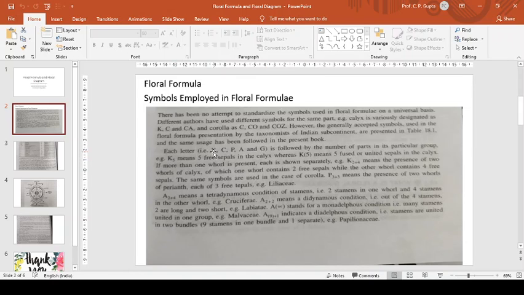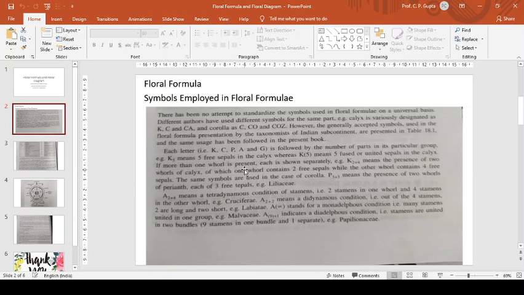Each letter, that is K, C, P, A and G, is followed by the number of parts in its particular group. Example, K5 means 5 free sepals in the calyx, whereas K(5), 5 in brackets, means 5 fused or united sepals in the calyx.